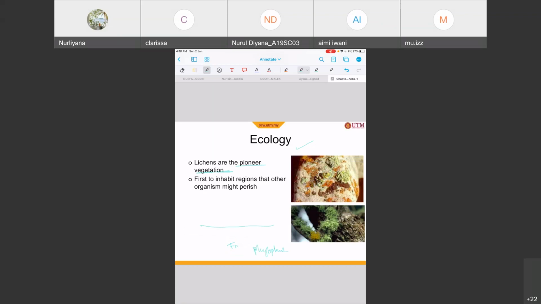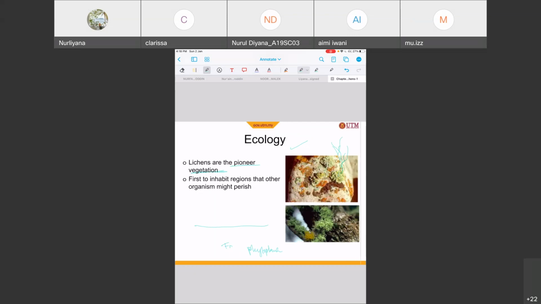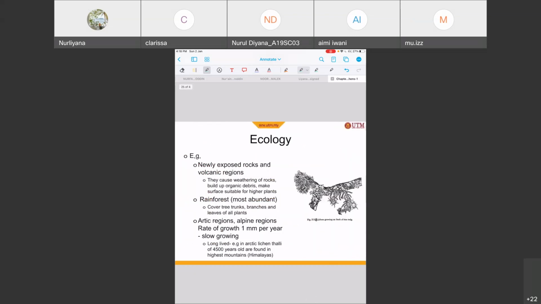Okay, making it a suitable area. For example, the plants use this lichen to grow another secondary plant. It can also be used as a food, for example. Okay, so these are the examples. Okay, like what I told you earlier.